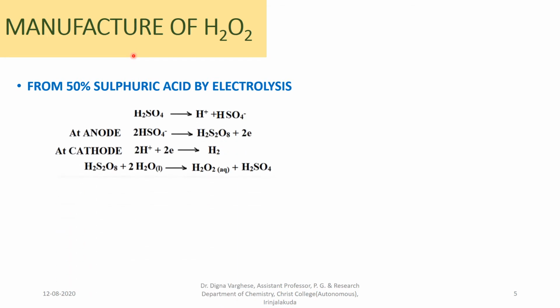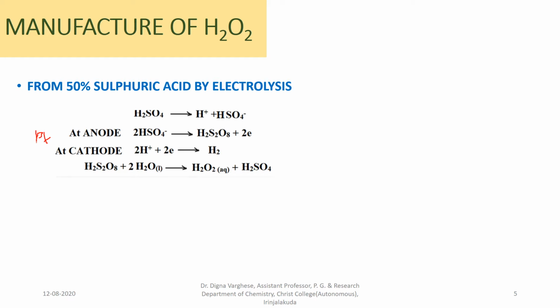The reaction involved in the cell is that sulfuric acid decomposes to H+ and HSO4-. At the anode, that is at the platinum electrode, bisulfate forms H2S2O8, that is peroxydisulfuric acid, with the loss of 2 electrons.